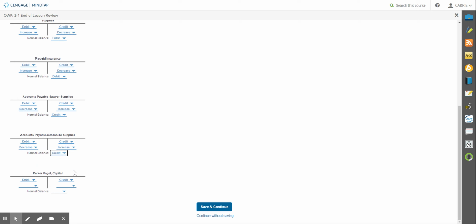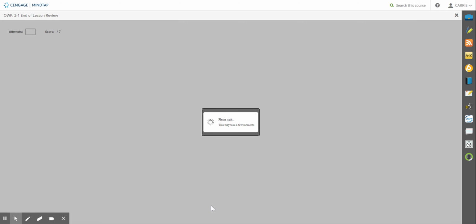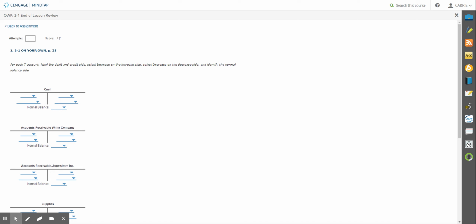And then the same thing with Parker Vogel Capital, that's an owner's equity account, which is on the right side of the equation. So my right side or credit is what increases.